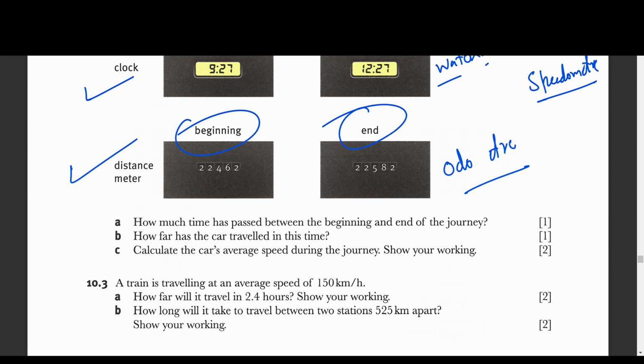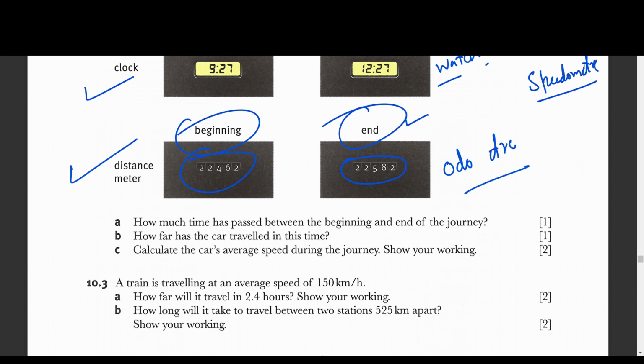Now, how far has the car traveled in this time? For that, we'll just see what was the final reading of the meter, and what was the initial reading of the meter.